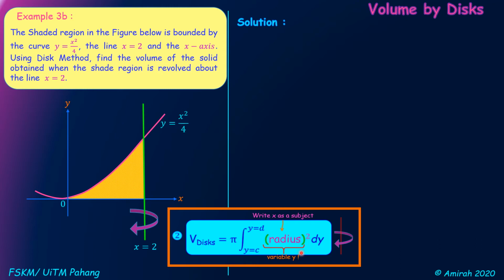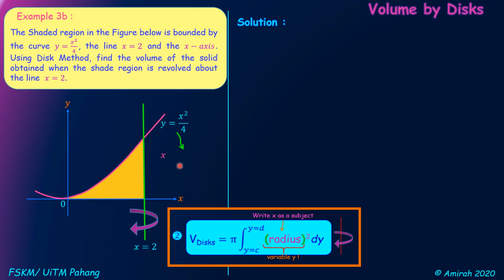When we integrate with respect to y, we need to write radius in variable y. And to write radius in variable y, we need to write x as a subject, right? So from here, we need to write x as a subject.